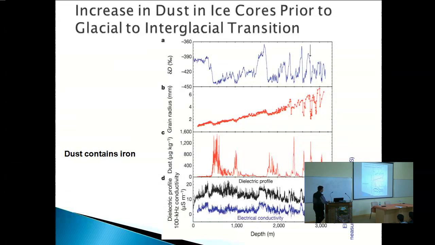Grain size, dust, and some combination of these in terms of the electrical conductivity of the materials present in the ice with depth, are compared with the record of isotopic composition variability. The whole idea is to figure out whether there was a large dust supply during the period when we experienced large glaciation.